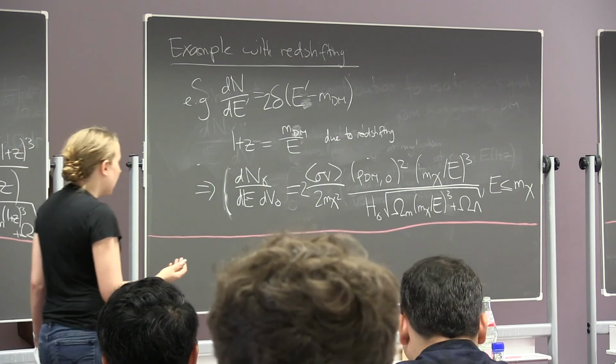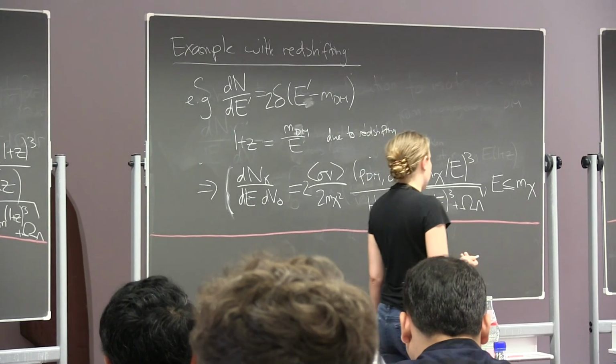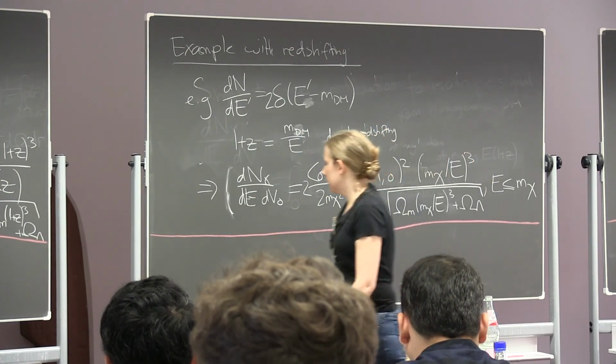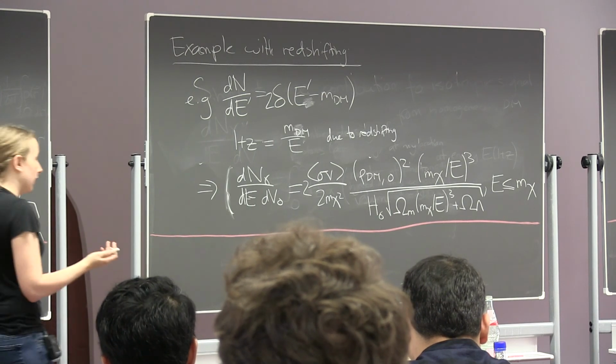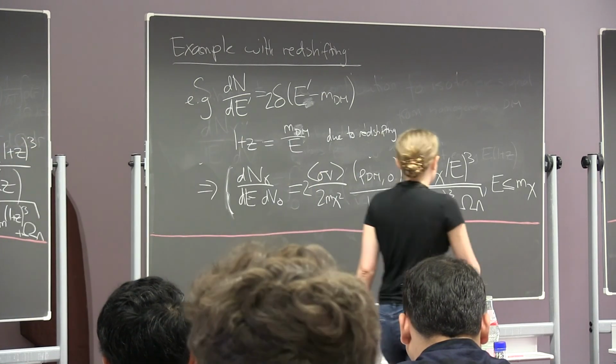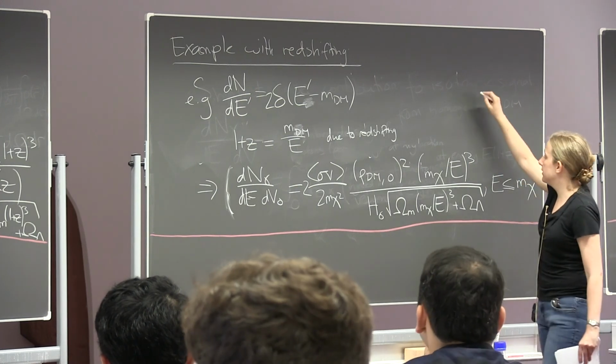So what started out as a delta function spectrum at high redshifts, now I'm seeing the effects of energy injection at higher redshifts as well as in the present day, and so my spectrum gets filled in to lower energies.